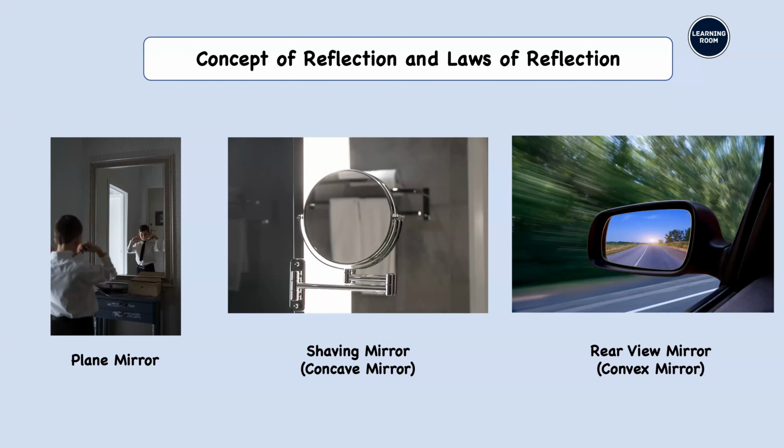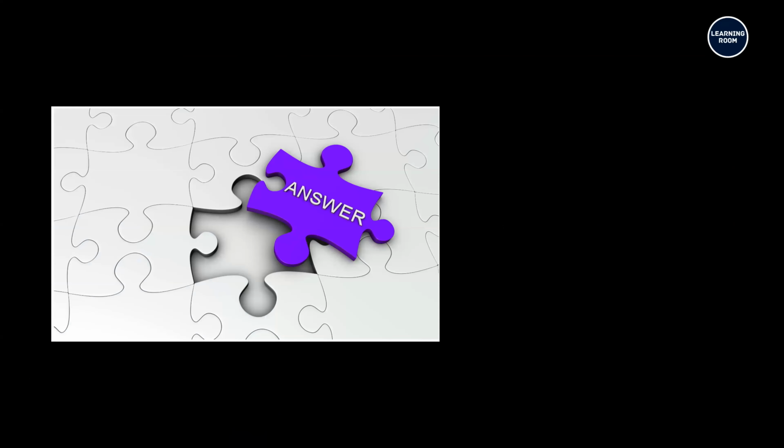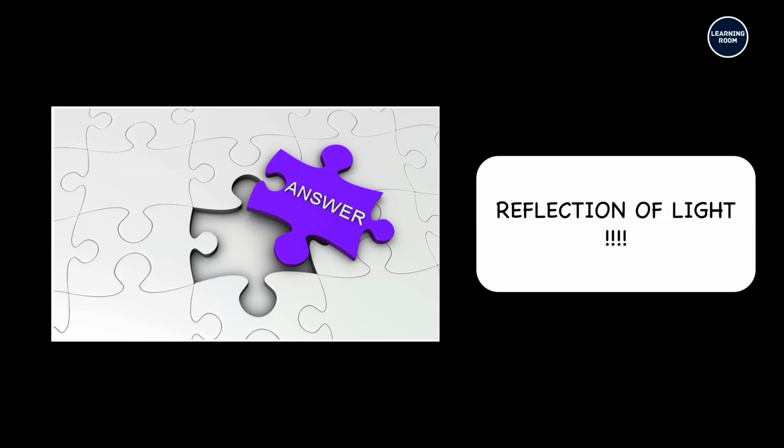Then what objects exhibit the phenomenon of refraction? They are lenses, or you need to have a boundary which is separating two different media. As of now, we will be concerned only about the concept of reflection and the laws associated with it. So what is the phenomenon with which they work? Obviously, the answer is reflection of light.